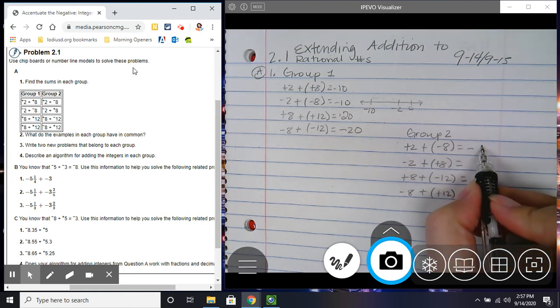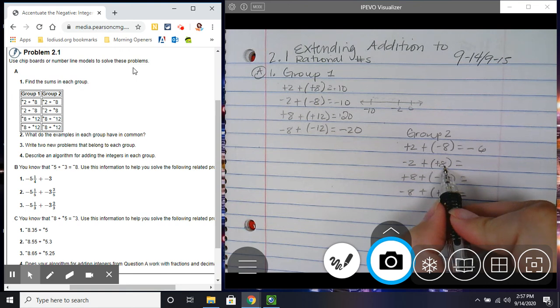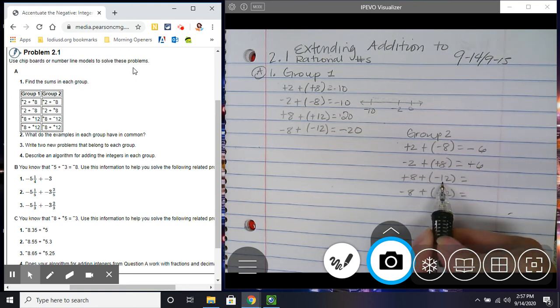And then the difference there would be 6. 8 is bigger here, which means it's going to be +6. 12 is bigger, which means it's going to be negative, and then the difference, which would be 4. And then 12 is bigger here, which is positive, which means that it's going to be +4.